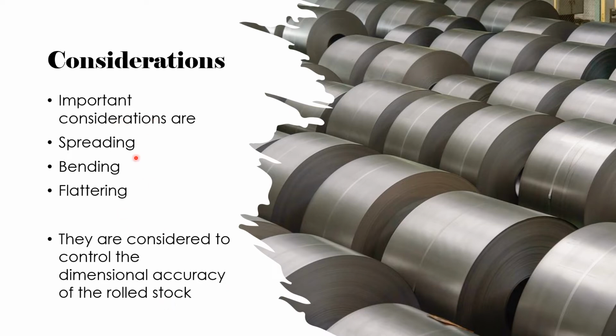If you don't control spread or bend or flattening, you're going to have an issue, and mess up dimensional accuracies, your tolerances, of course. We have to meet our specifications of the particular cross section we want in our product. So therefore, pay attention to and consider these three.